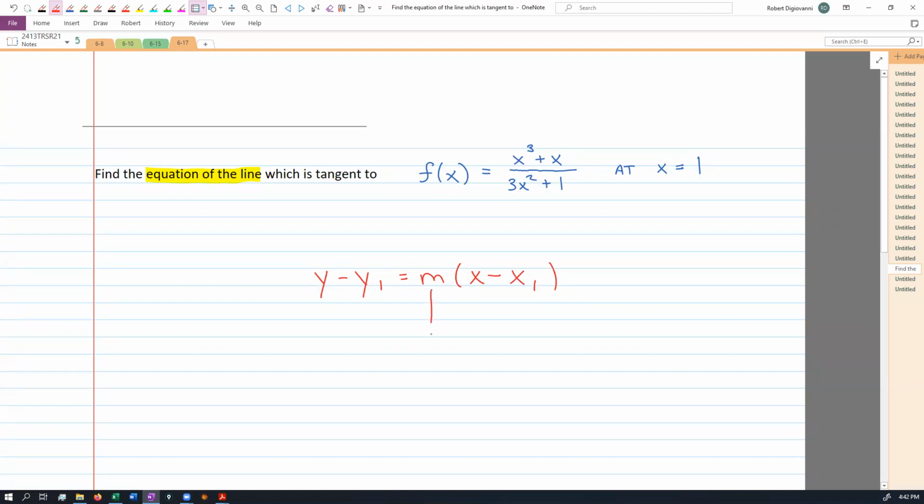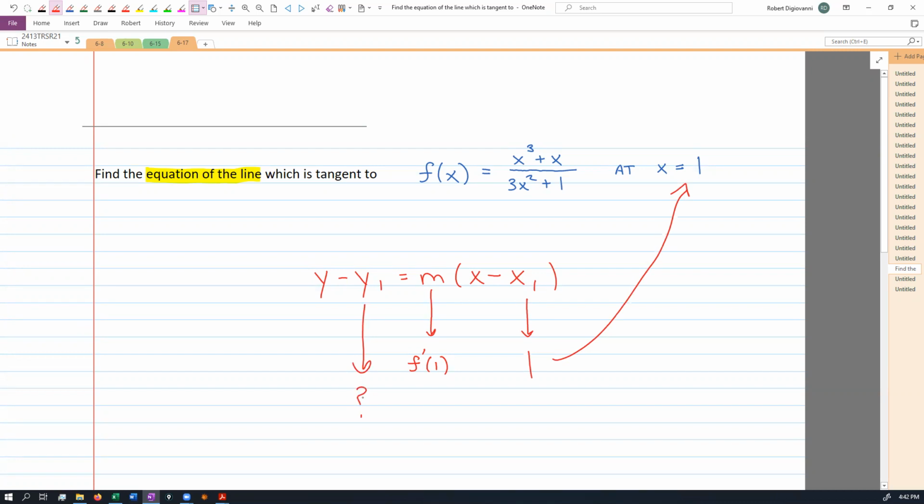The m you get from taking the derivative of the function and plugging 1 into it. The x1 is 1, that comes from here.